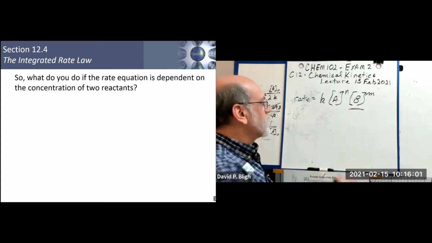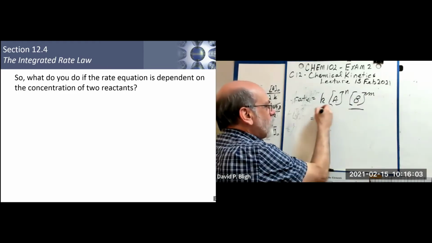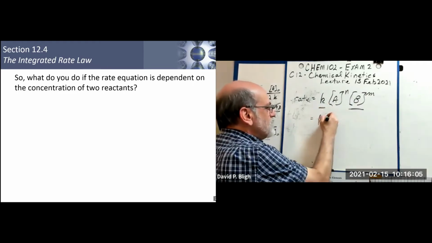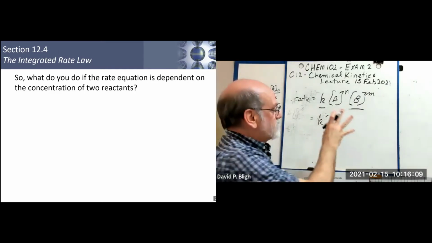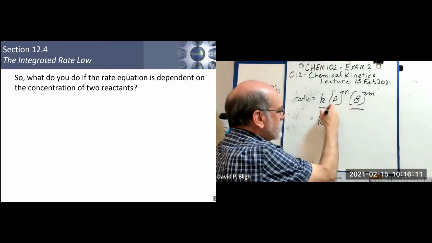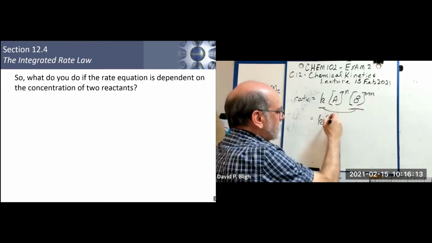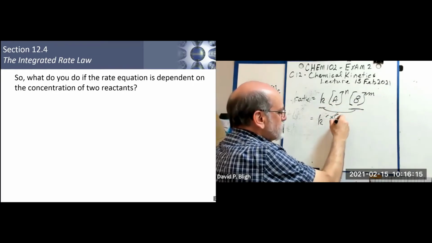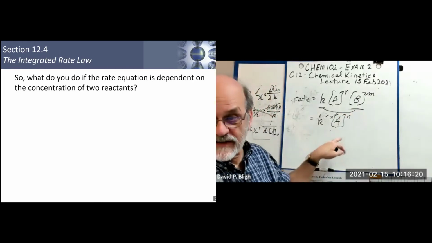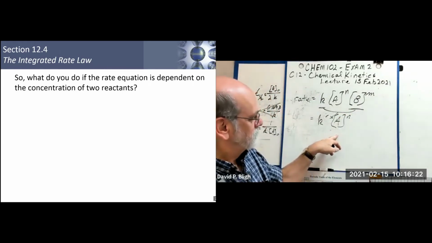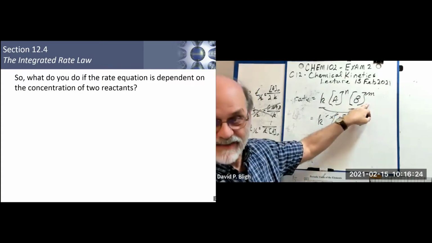So what do you get then? Then you incorporate these two into a new K value. It's a combination of these two right here. But you still got this one. Now you can study this one without worrying about that one.